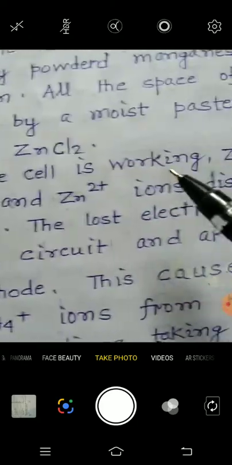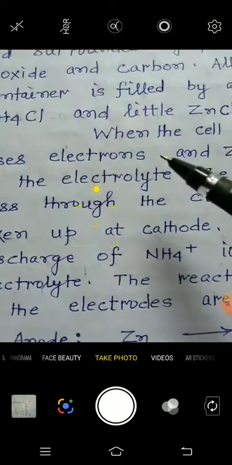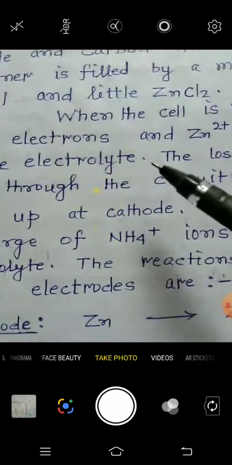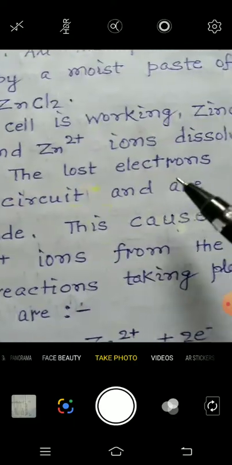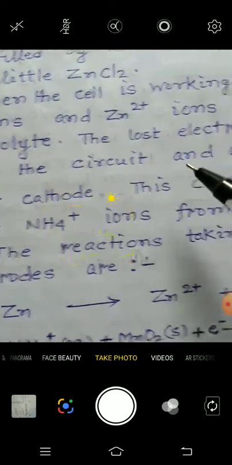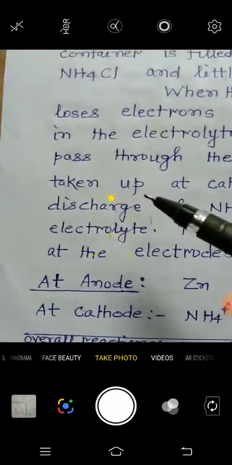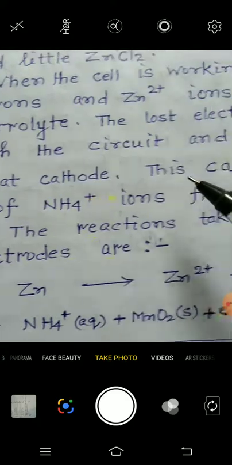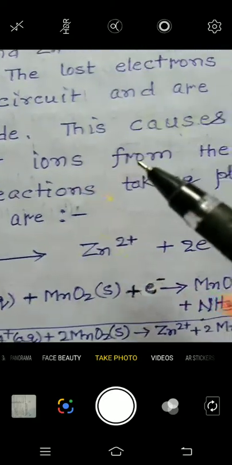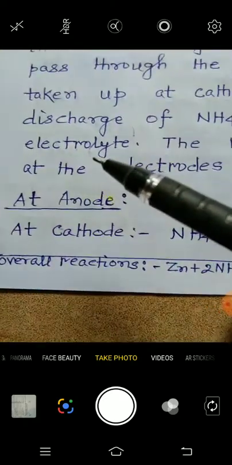When the cell is working, zinc loses electrons and Zn2+ ions dissolve in the electrolyte. The lost electrons pass through the circuit and are taken up at cathode. This causes discharge of NH4+ ions from the electrolyte.